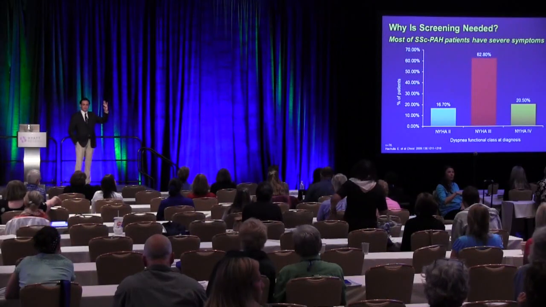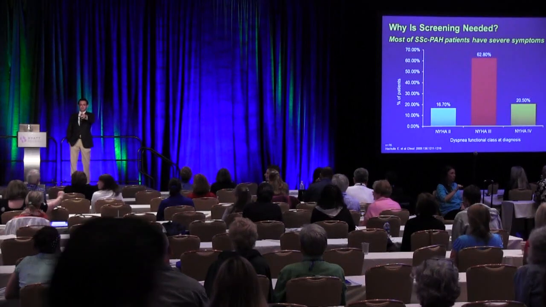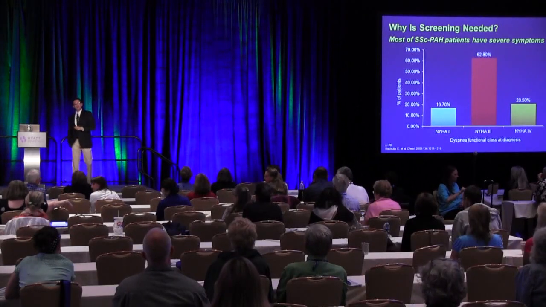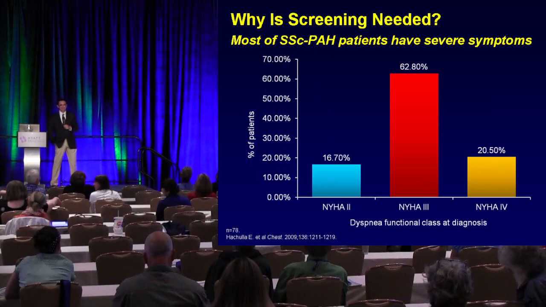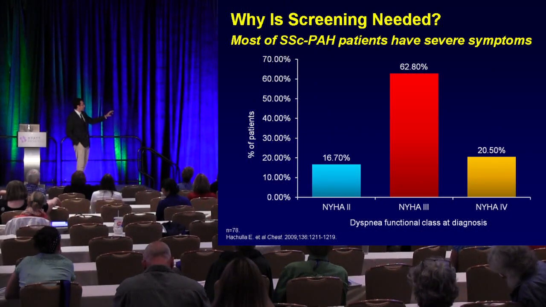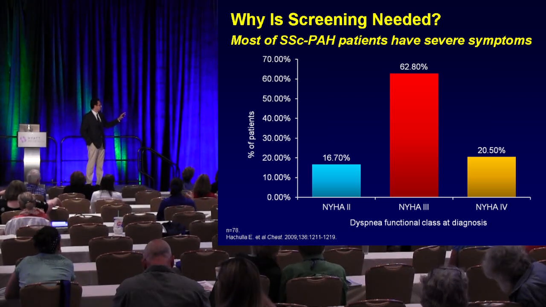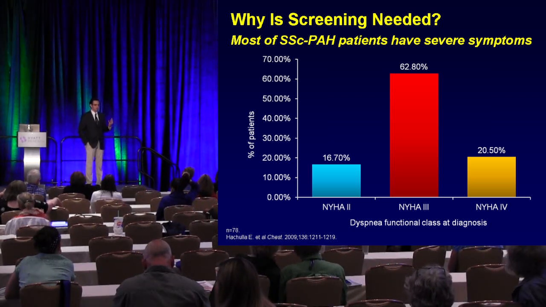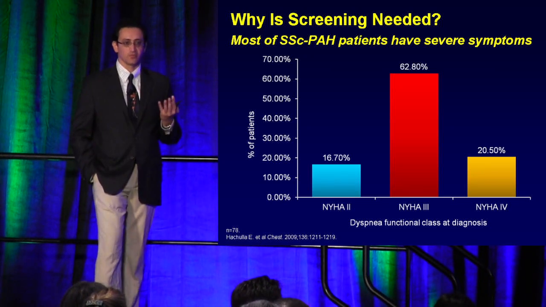How many of you know what NYHA is? So this lady knows everything. Maybe we should have you come here with me. It's a test of how much you can do in day-to-day activities. New York Heart Association class 1 is that you are able to do activities of daily living, vocational and avocational activities, and you have no problem.